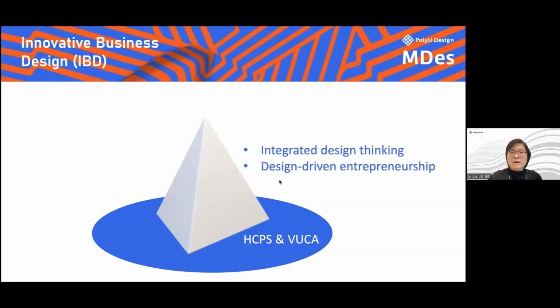So we will mainly focus on the methods we created, integrated design thinking and the approach we call design-driven entrepreneurship, to face the challenges from this new context. The overall goal is to achieve innovation leadership for our students, so they can be well prepared for change and leading the transformation in the industry and in innovation activities.